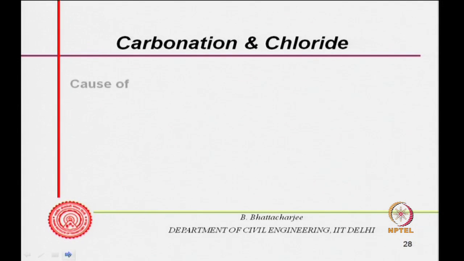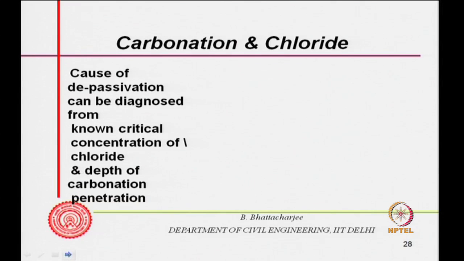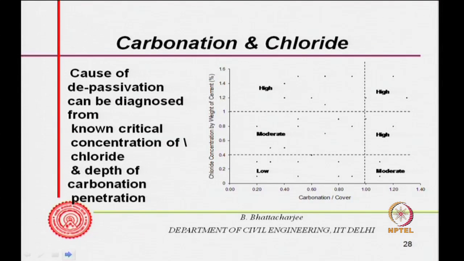So, quickly, we can look into the cause of depassivation, which can be diagnosed from chloride concentration. If you have both chloride and carbonation, some diagrams are available. For example, if the ratio of carbonation depth to cover depth is 1, the risk is relatively low, but if it is more than 1, that is carbonation only, chloride is relatively less. Here both chloride and carbonation are less, but chloride is high, so the risk of corrosion is high.